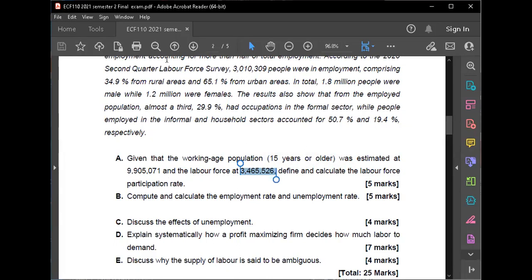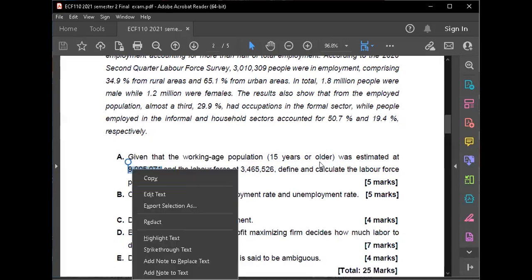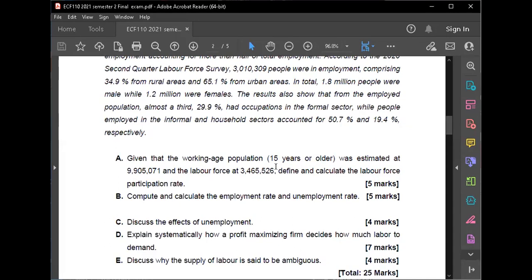So what's the answer we're getting? If we get this number divided by this number here, which they've told us is the working age population, when you divide the two, what's the answer? Sydney, you have a calculator, I believe. So 3,465,526 divided by 9,905,071.